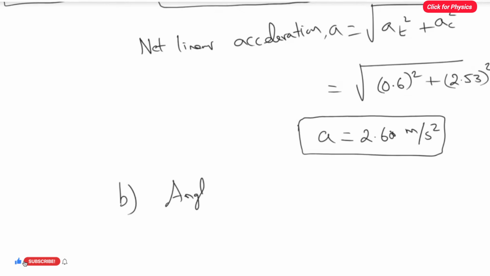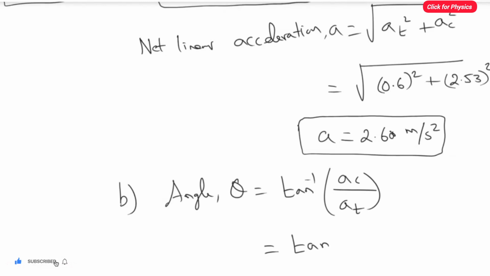Angle theta is equal to tan inverse of the y component over the x component. Here the y component is the centripetal acceleration, so centripetal acceleration divided by the tangential acceleration value. Both values we already have.